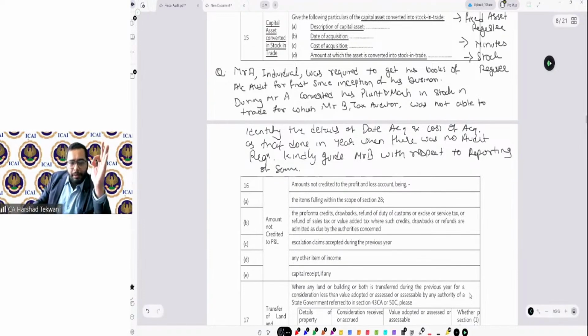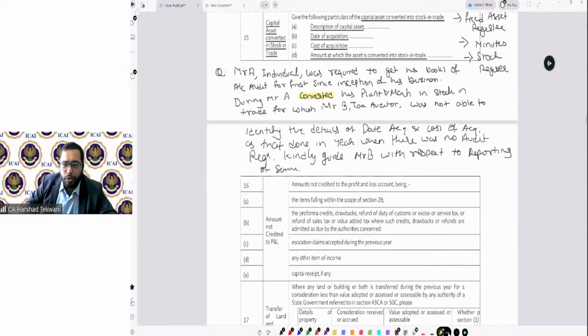Now, two things in this question. One, there is a conversion of capital asset into stock in trade. However, Mr. B, the tax auditor, was not able to verify the date of acquisition and the cost of acquisition, because this is the first time that Mr. A's accounts are audited, and the date and cost of acquisition were from a previous year when there was no audit.